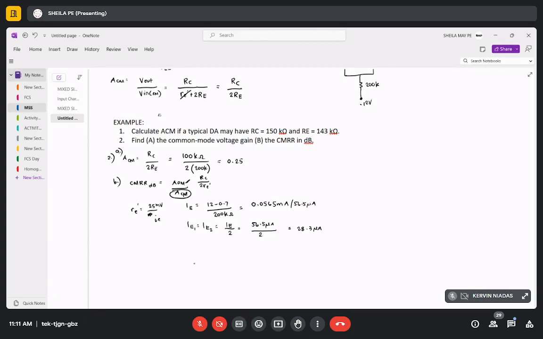Now, to solve for the ADM, that's RC. RC is 100K divided by twice of our RE prime, which is 883.4 ohms.